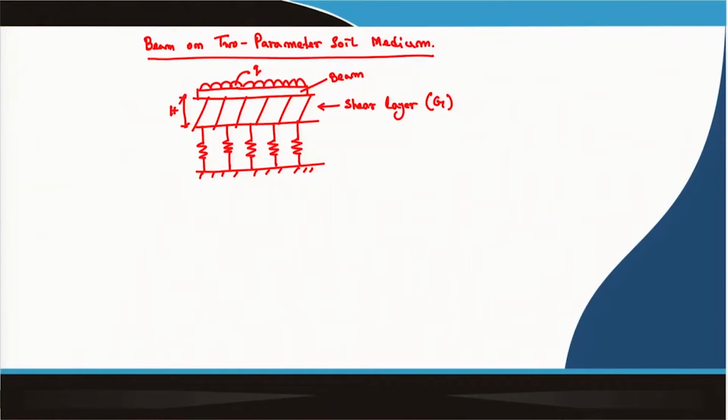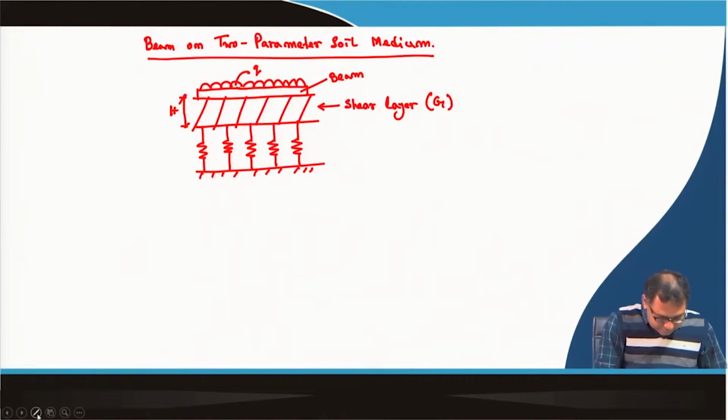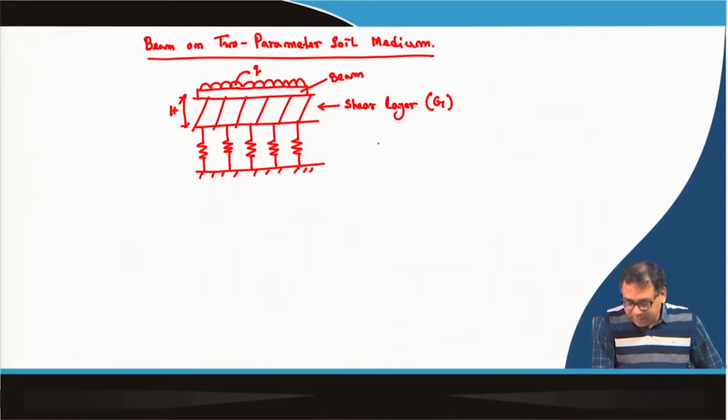So, this is the problem: this is the two parameter model, over that the beam is resting, and over that a UDL Q is acting. Now the expression for the two parameter model is given as Q is equal to K W minus GH d square W dx square.